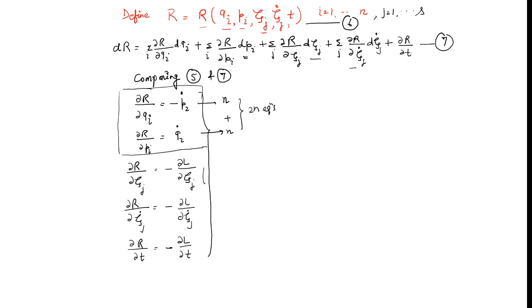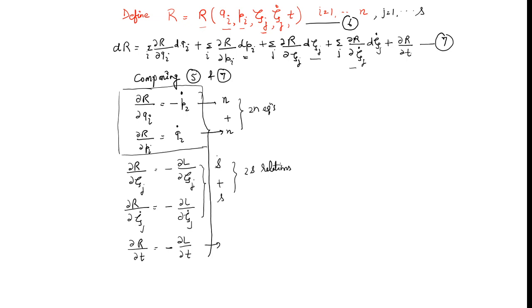These are relations for L and R, and since j is 1 to s, these are s relations, these are again s relations. So these are 2s relations, and this is one relation between R and L with respect to the time derivative.